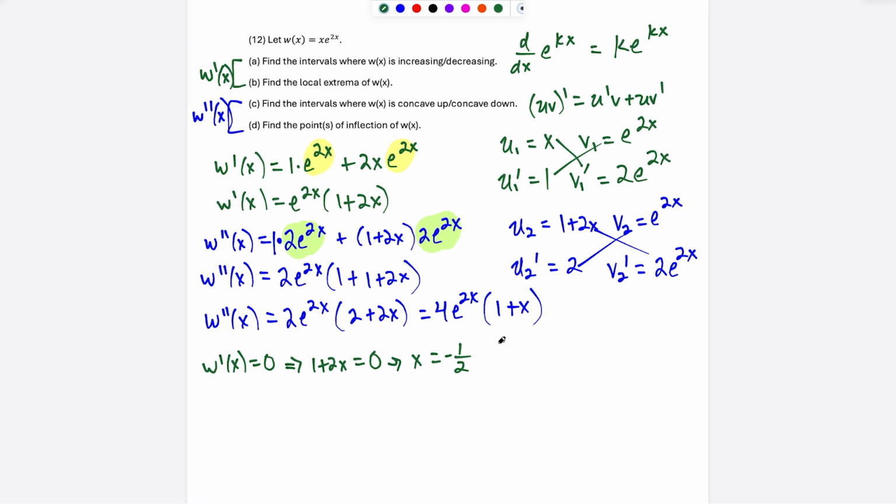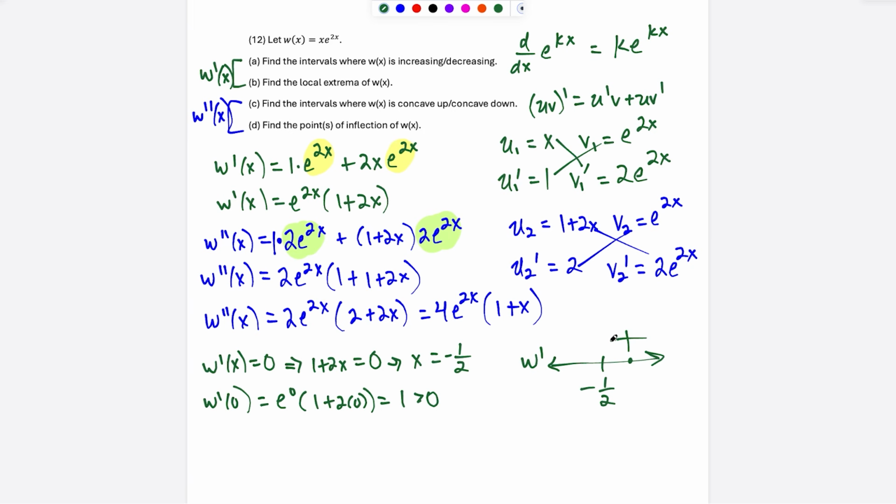And then what we could do with this information is make a sign chart for w prime, and we have a critical point at negative 1/2. If I plug in something like 0, w prime of 0 would give us e^0 times 1 plus 2 times 0. This would give us 1 times 1 is 1, which is greater than 0. And notice that x equals 0 is to the right here, and that made our derivative positive.